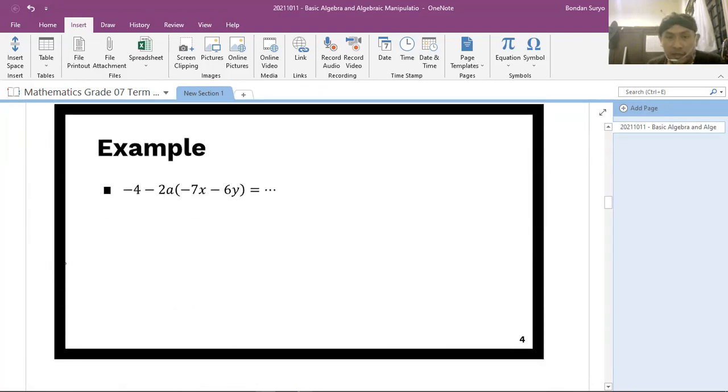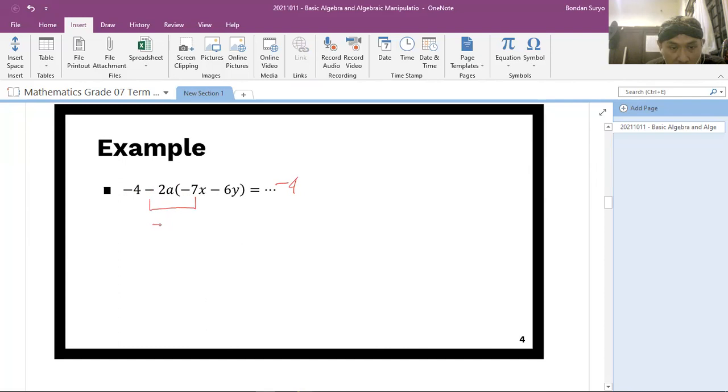As you can see, this -4 has no operation in it, so just leave it as -4. Now let's do this one. -2a times -7x.